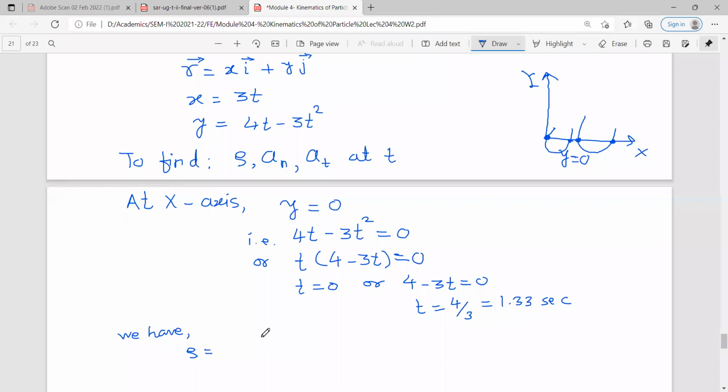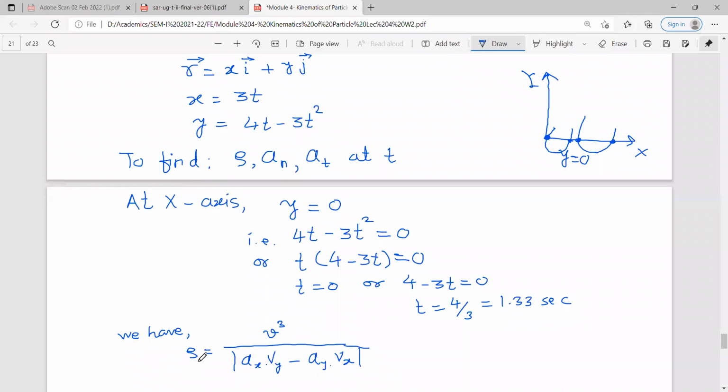R is equal to velocity cube upon the modulus of ax vy minus ay vx. You have to take the mod of this difference. Even if it comes negative, we have to take the positive value.